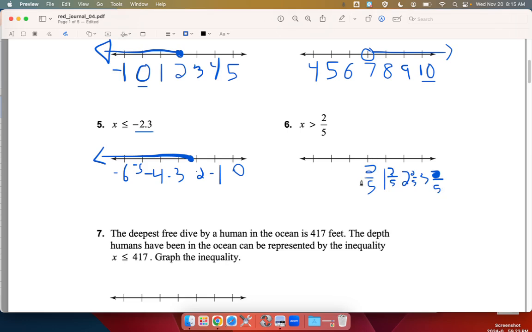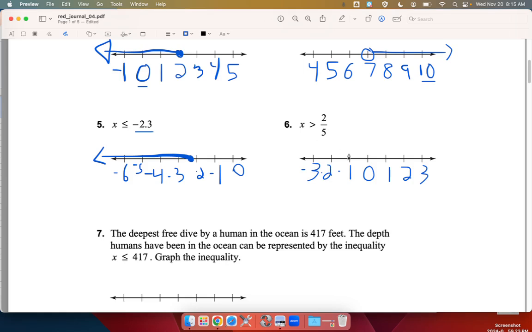So that's just where we have to be careful with that, because if that's how we're doing it, 2/5, 1 2/5, 2 2/5, then we have to be careful when we go down to these negatives. Or again, what you're going to see the textbook do oftentimes is they're just going to say, all right, 0, 1, 2, and 3. Negative 1, negative 2, and negative 3.